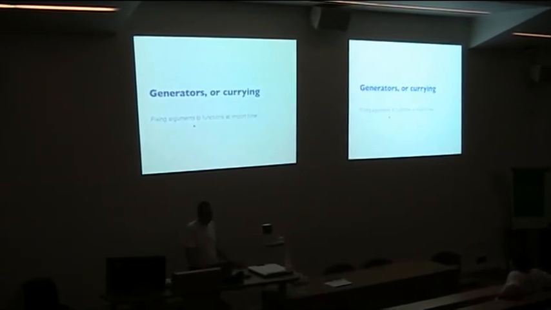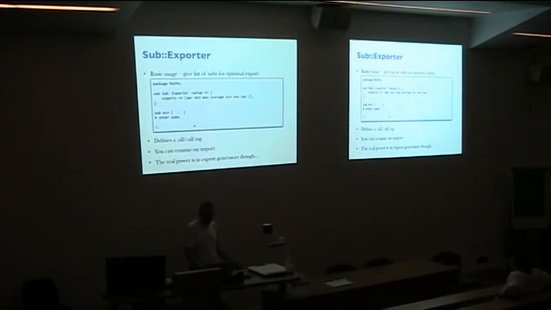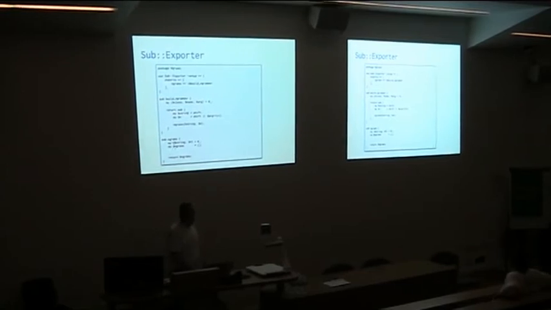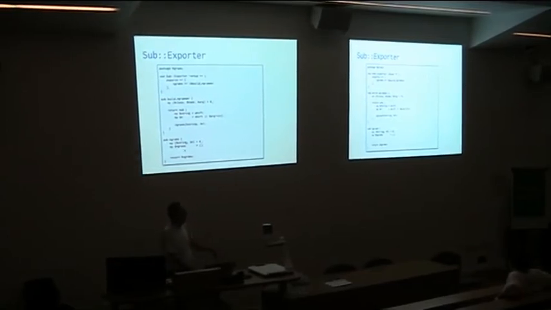Generators, also known as curry. Sub-exporter has a number of standard features. I'm just going to skip over those for time reasons. Let's say you've got some ngrams function that you can pass in a string and the length of n-gram that you want to generate. Someone using your module might say, I've always wanted to generate trigrams, so I want to fix the second parameter here, n, to always be 3.